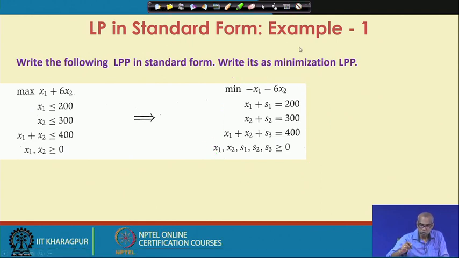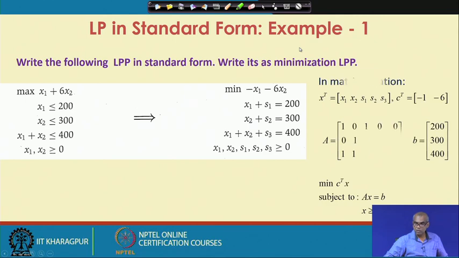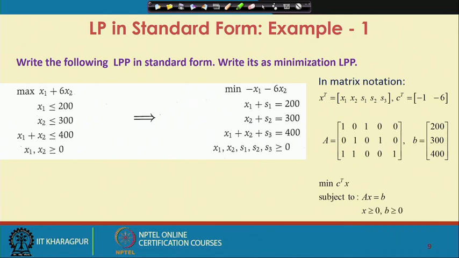We can also express this in matrix notation. My decision variable vector is x 1, x 2, s 1, s 2, s 3. The cost vector is minus 1, minus 6.